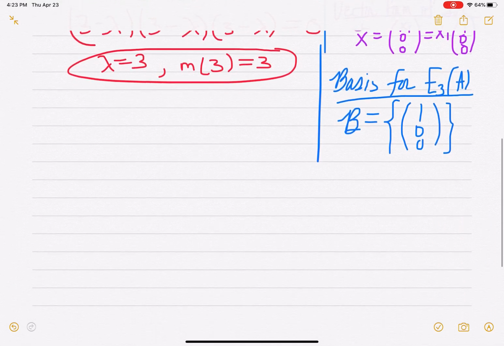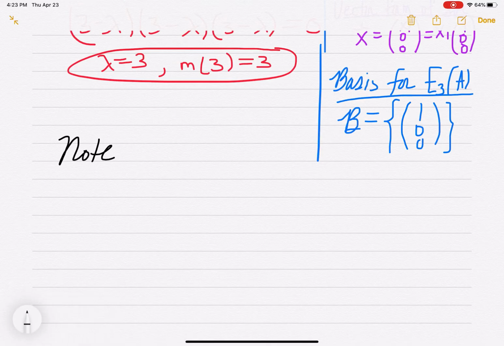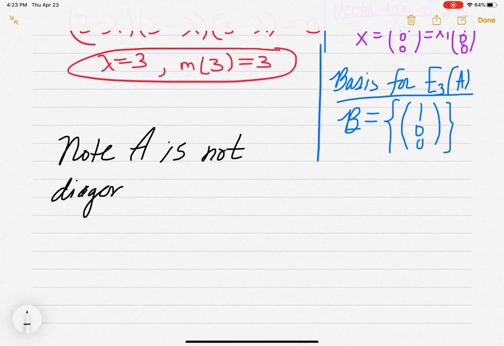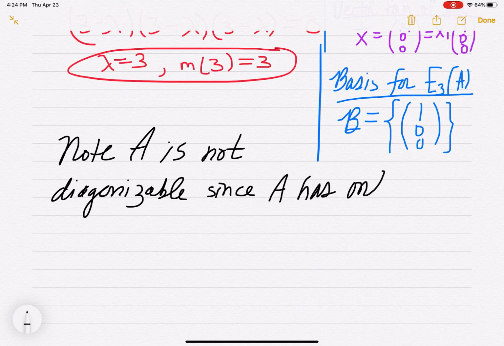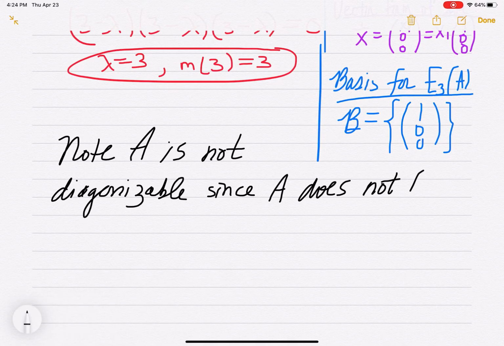So we're going to state here, note, A is not diagonalizable since A does not have 3 linearly independent eigenvectors.